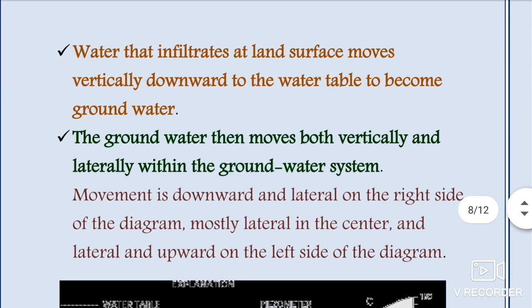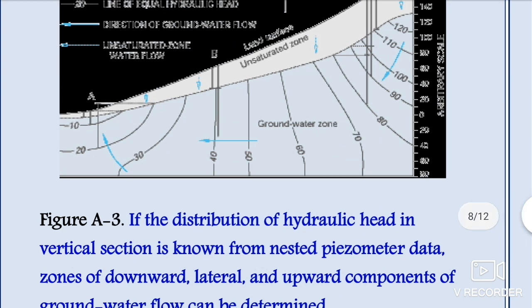Water that infiltrates at land surface moves vertically downward because of gravity to the water table to become groundwater, as you can see in the diagram.